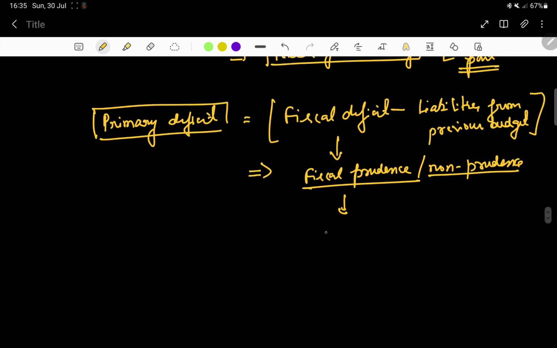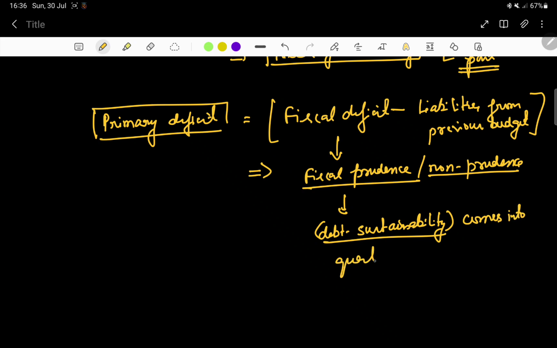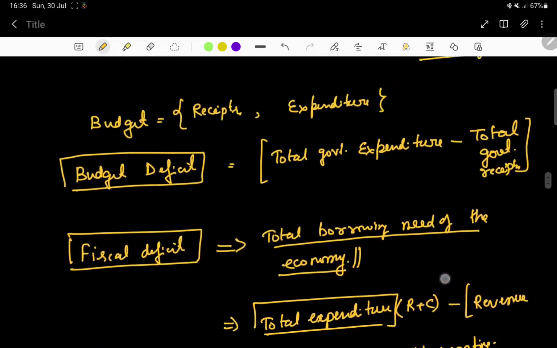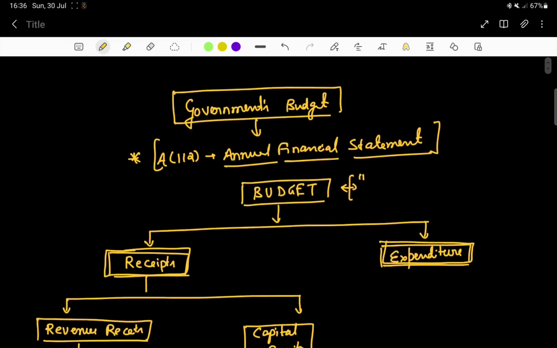So debt sustainability comes into question. You might have heard about the United States facing a very high debt burden. India also had a very high debt burden. That is why this entire analysis is very important with respect to the government budget.